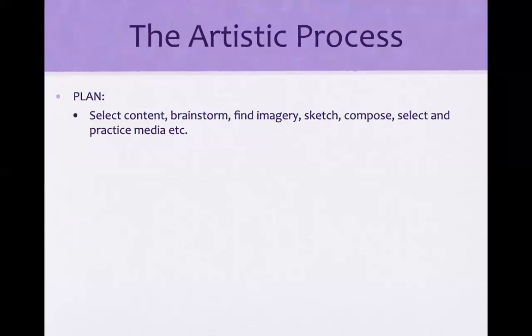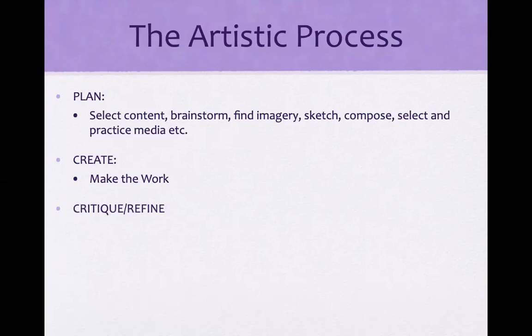With both groups of students, I'm going to be really focusing on the artistic process, so teaching students how to think like an artist. We're going to learn various methods and approaches for planning a work of art: how to brainstorm, find imagery, sketch out your compositions and ideas, how to compose, how to select and practice different kinds of materials or media, and create our artwork.